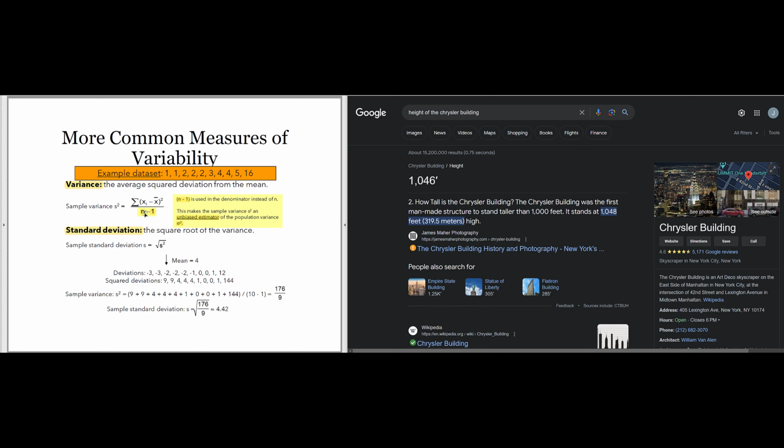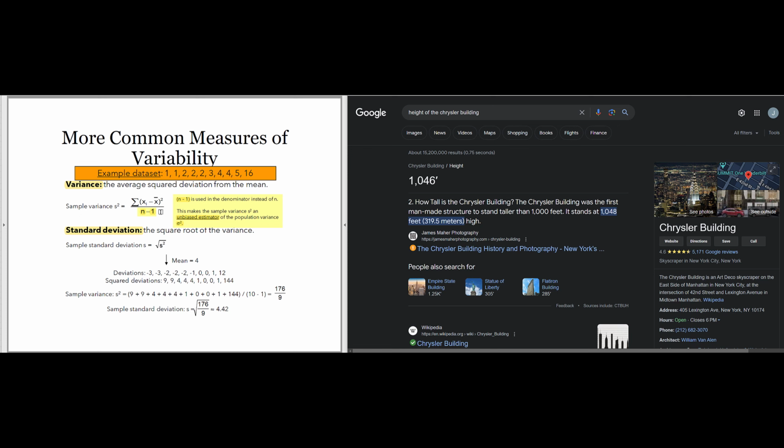Eventually, the sample mean will equal the population mean once I tell you the height of every single skyscraper in Manhattan. That's the whole population. And the sample variance will be really close to the population variance, which is calculated the same way, except just divided by n instead of by n minus 1.